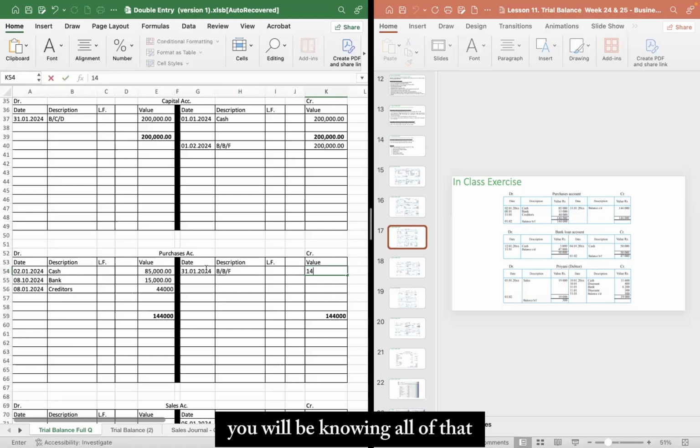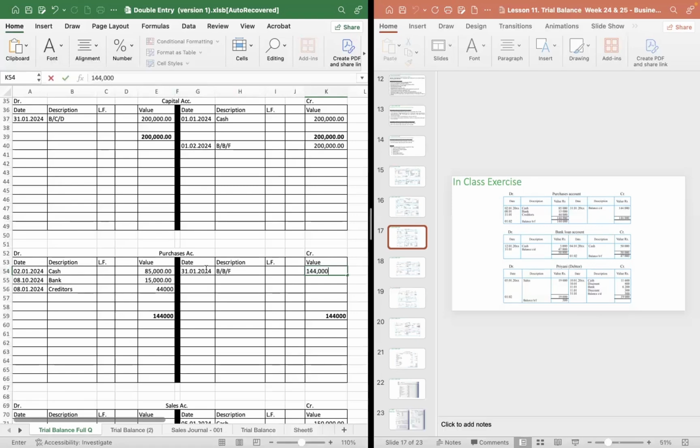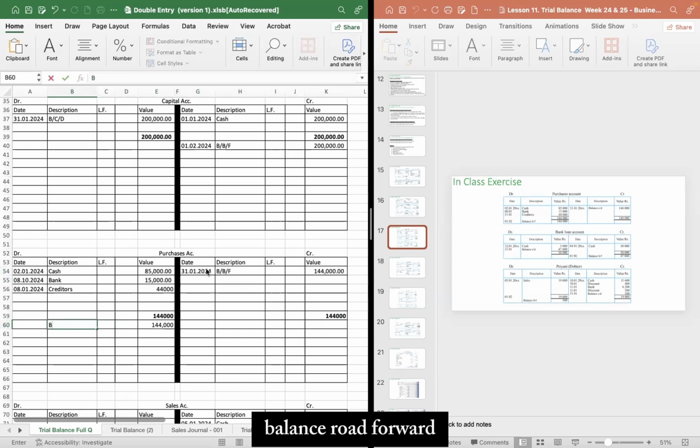We will be knowing all of that. 144,000 balance brought forward on first.